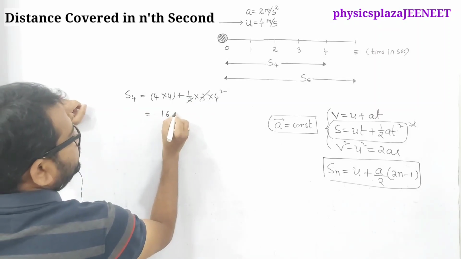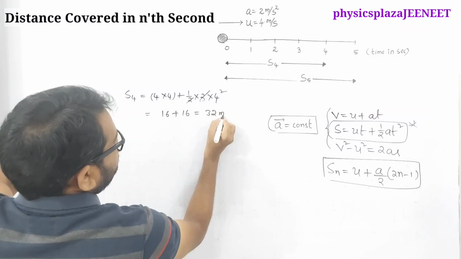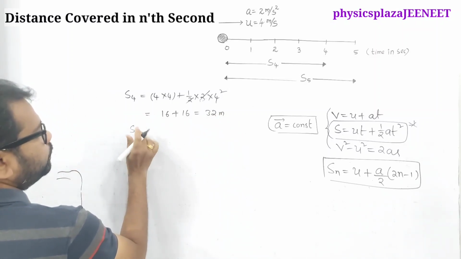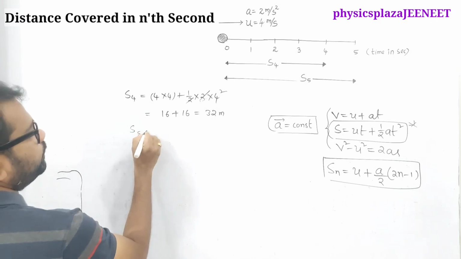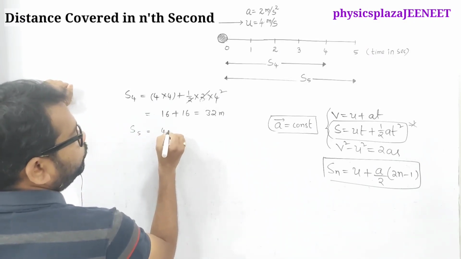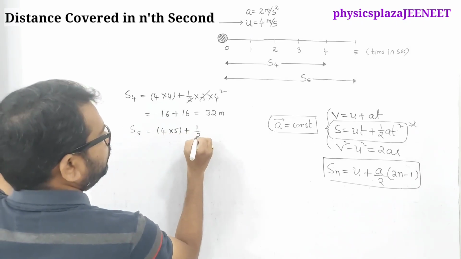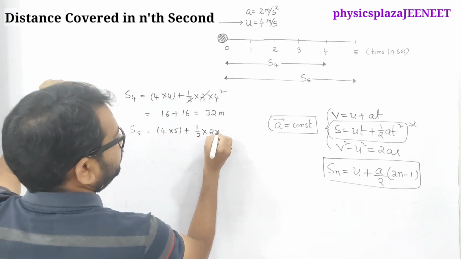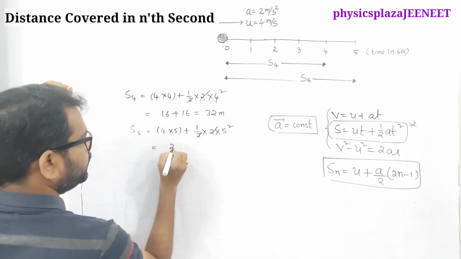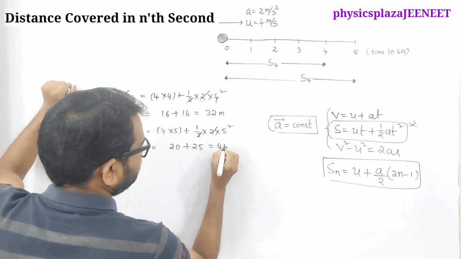This is 16 plus 16. This is going to be 32 meters. Now distance covered in 5 seconds: ut, u is 4, t is 5, plus half at square. The 2 cancel. This will be 20 plus 25. This will be 45 meters.